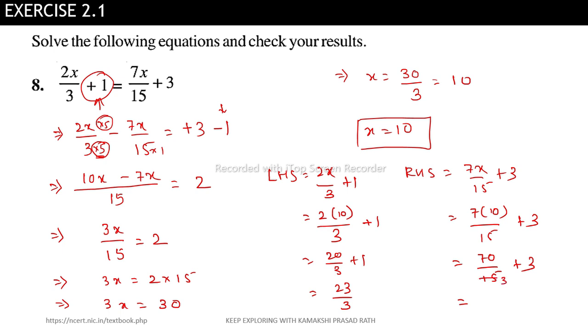We get 5 threes are 15 and 5 14s are 70. Now when you add 14 by 3 plus 3, we get 3 threes are 9 plus 14. So we get again 23 by 3. So again we check that the left hand side is equal to the right hand side. Hence it is verified.